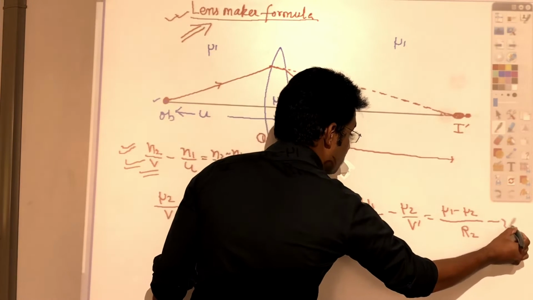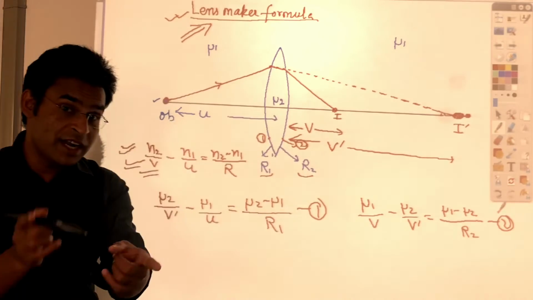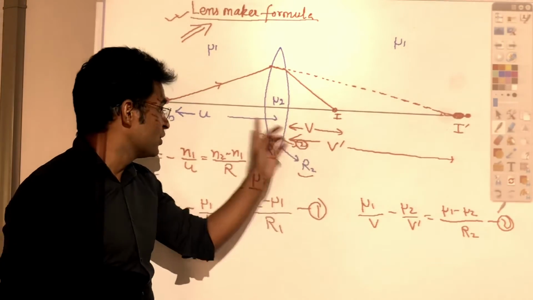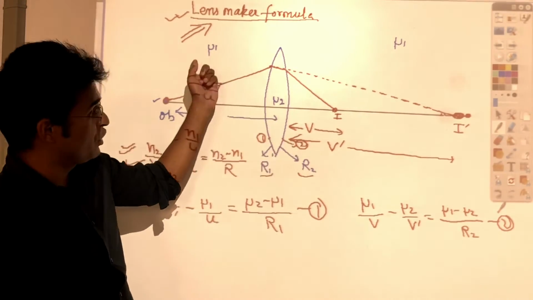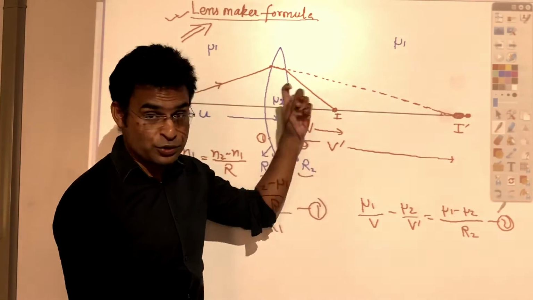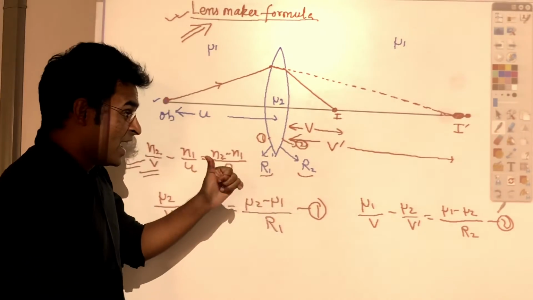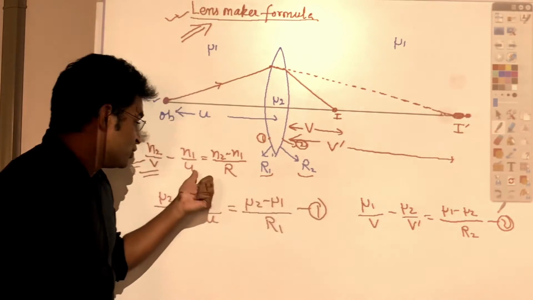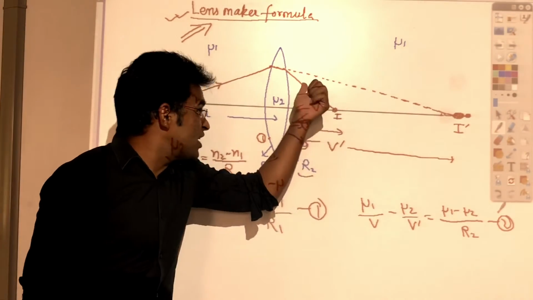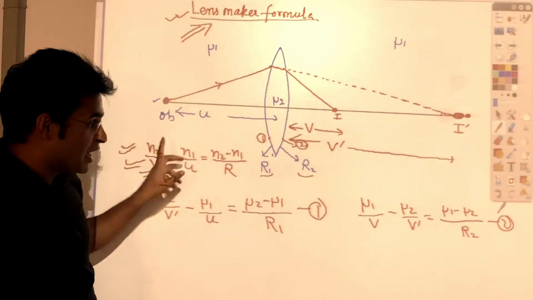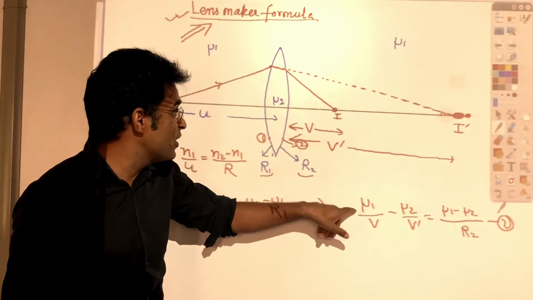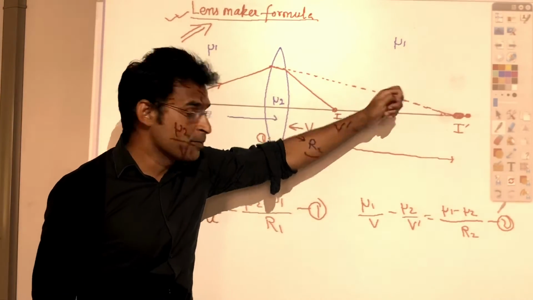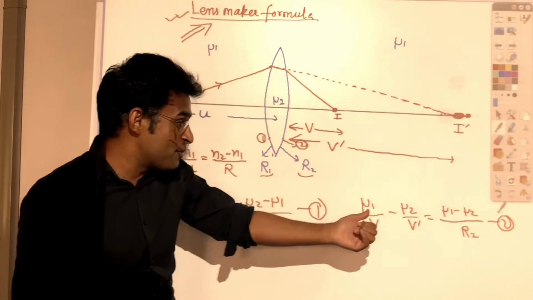This is the second equation. What I did is interchange mu1 and mu2: for the first refraction mu1 to mu2, for the second refraction mu2 to mu1. One more thing, in place of this u, I am writing v dash. If you see the second refraction, in place of n2, I write mu1. Why mu1? Because it's going into mu1. In place of n1, I am writing mu2.